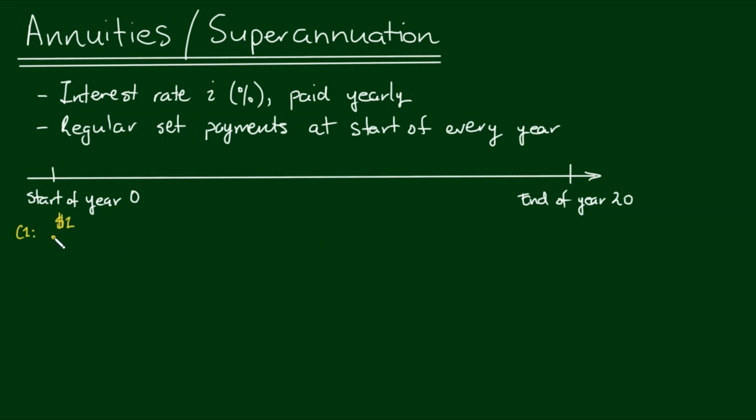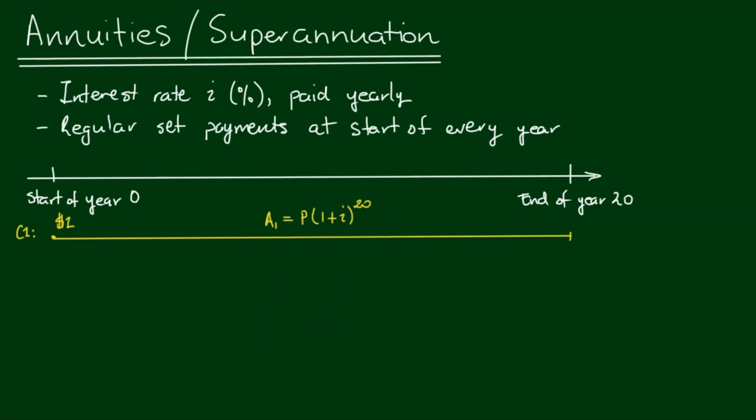This $1 is going to accumulate interest for the entire period. So at the end of 20 years, the amount accumulated for this $1 invested, let's call this A1, the accumulated amount, will be, according to the compound interest formula, P times 1 plus the interest rate to the power of the number of payments N. The number of payments is 20.